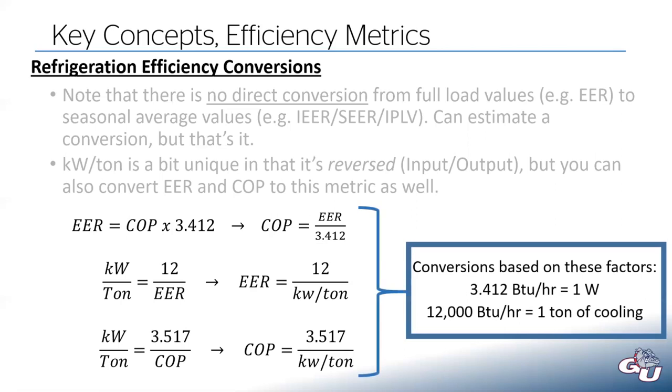Ultimately, this is all derived from these two conversion factors. 3.412 BTUs per hour is equal to 1 watt, and then 12,000 BTUs per hour is equal to 1 ton of cooling. The derivations here aren't difficult. If you want to look them up, be my guest. But fundamentally, that's what it comes down to, is those two conversion factors.